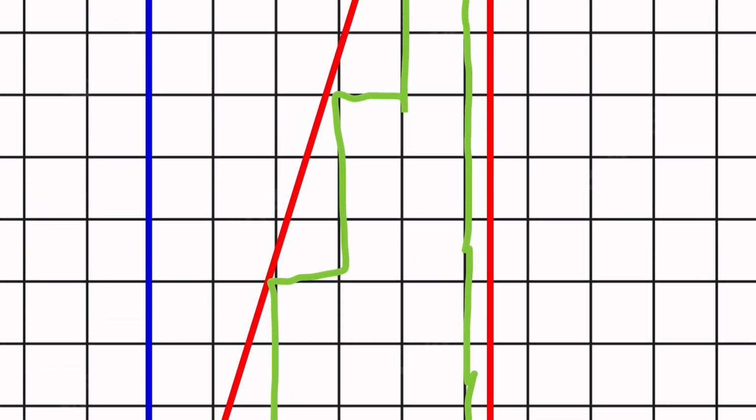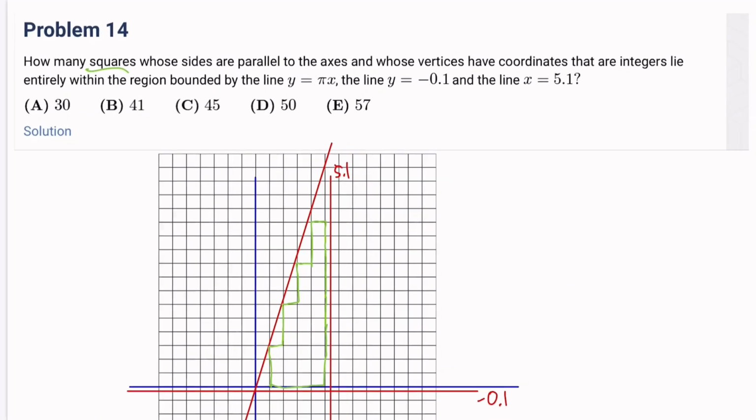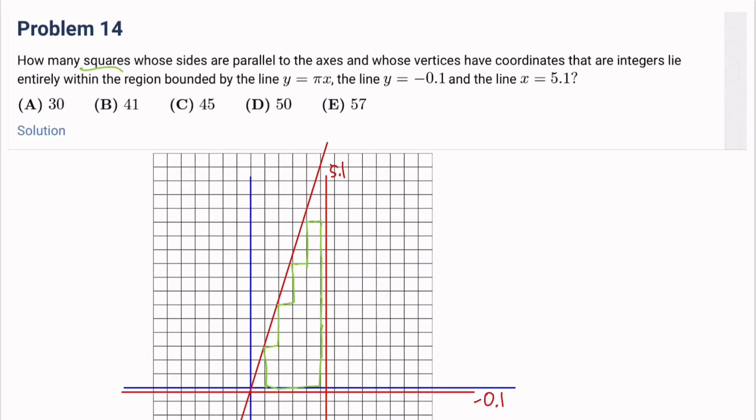The reason that we can have this point is because the drawings are a bit off, but this point is actually 3.14, and this green point is actually 3, so it is less, right? And the same goes for everything, but the points that are up here don't matter because they can't be a part of any square, right?